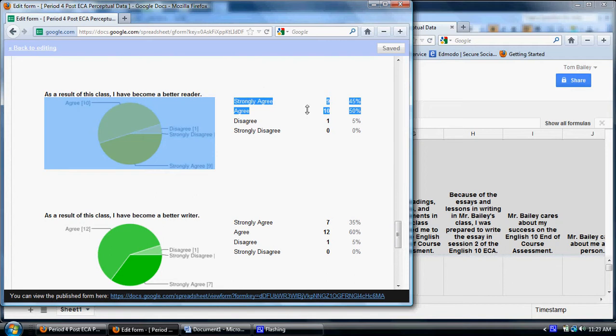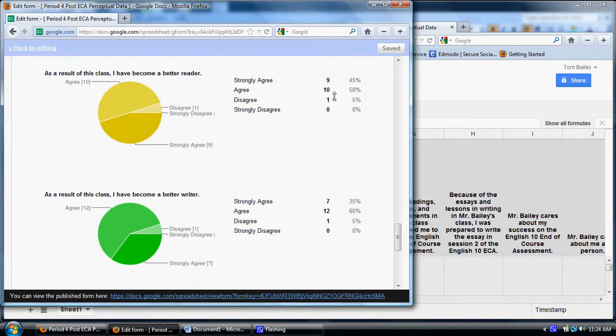Now, this is one of those self-perception things. Some kids come in and they're already really good readers. They didn't need me. I helped them, and maybe they did improve, but they didn't perceive themselves as improving. Same thing with the writing too. A couple of our students came in as super talented writers. And once again, is this reality? No, it's perception.